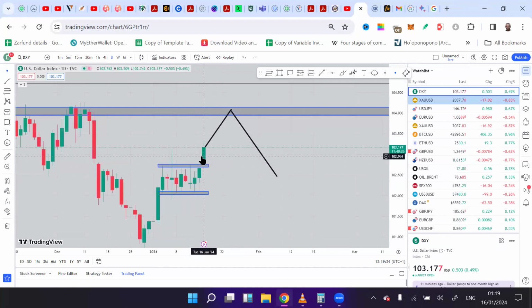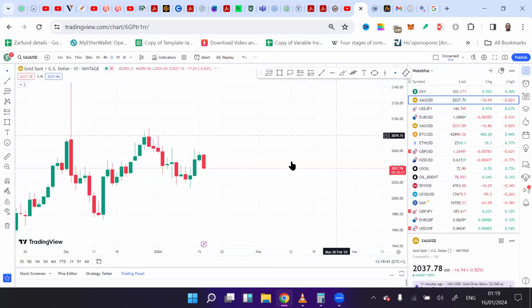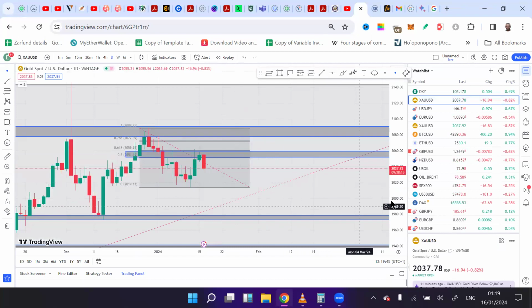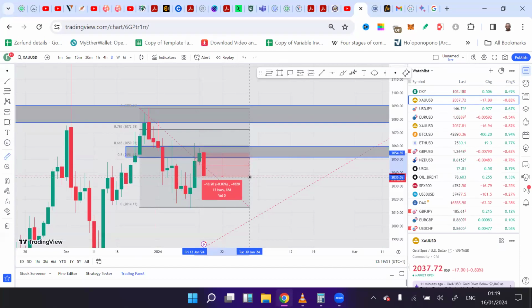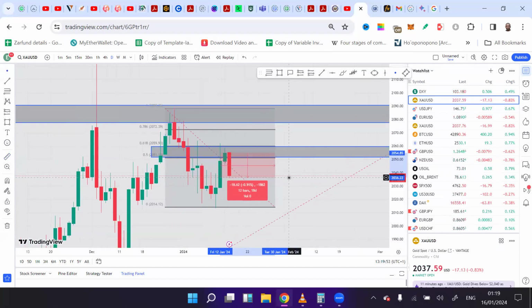This is the reason why you are seeing strong sell moves on gold. This is the reason why gold is selling right now like crazy. Can you see the sell on gold just from today alone? It's been 180 pips just this morning.